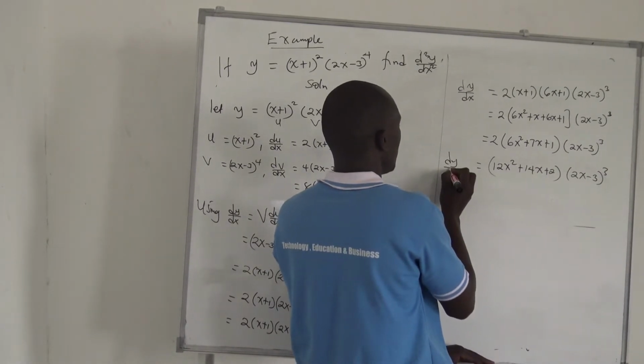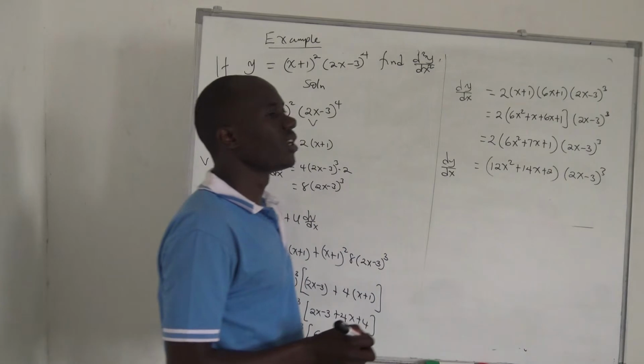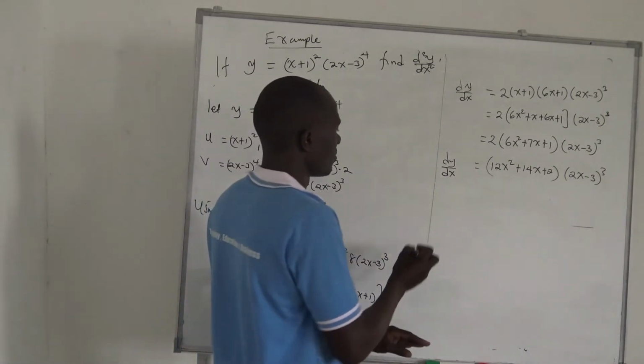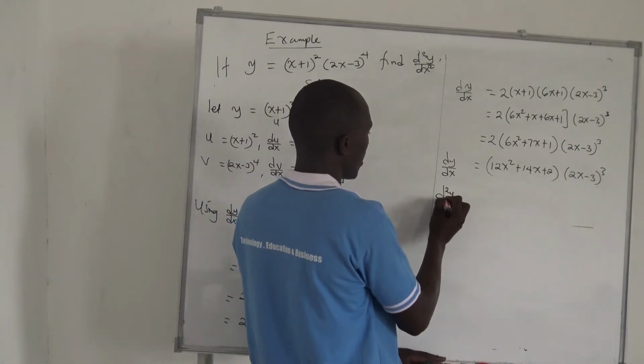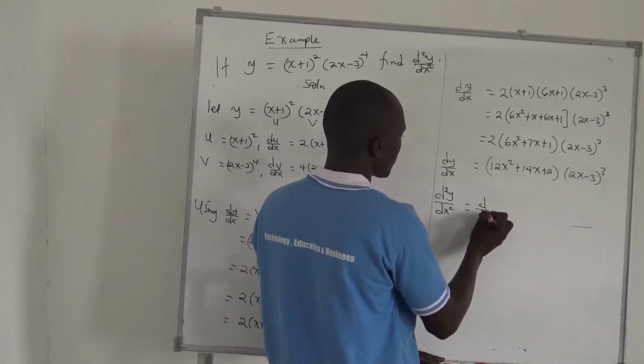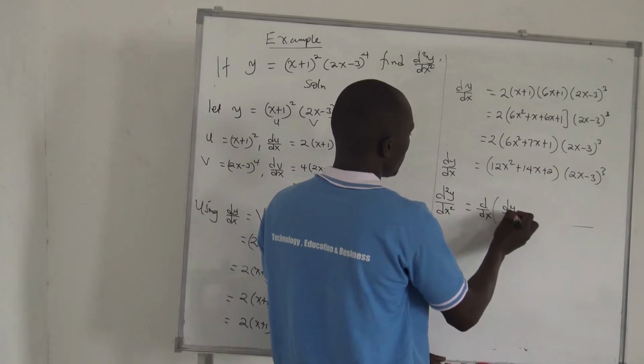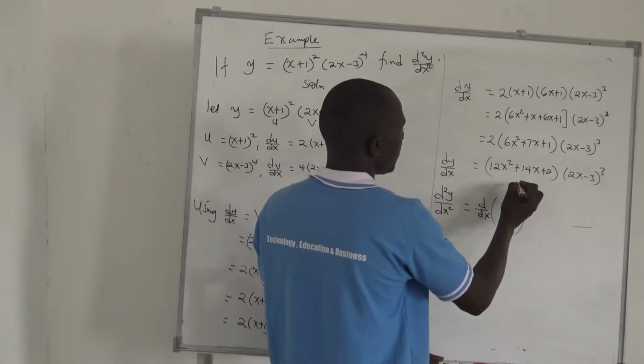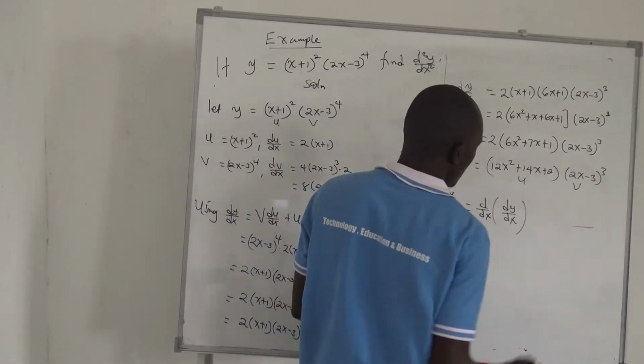This is dy/dx. Now if I want to get d2y/dx squared, it is all about d/dx of dy/dx. Differentiating this one, this is my u, this is my v.